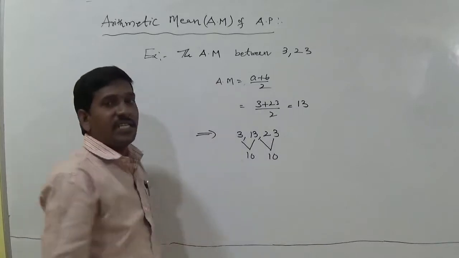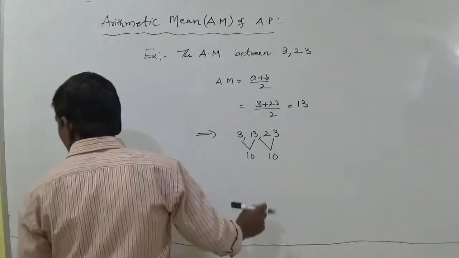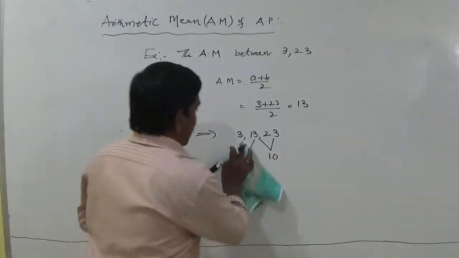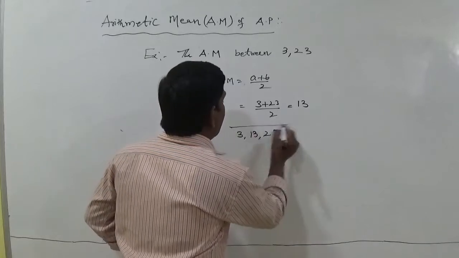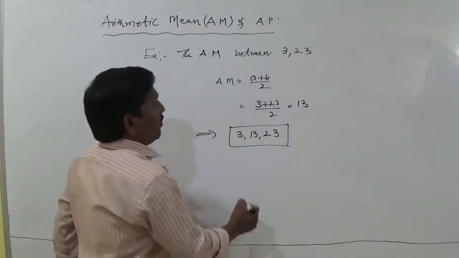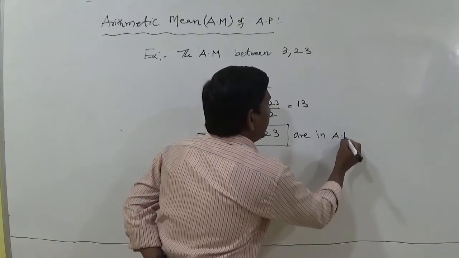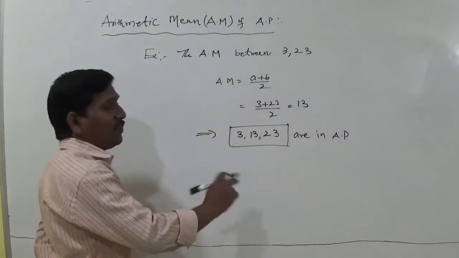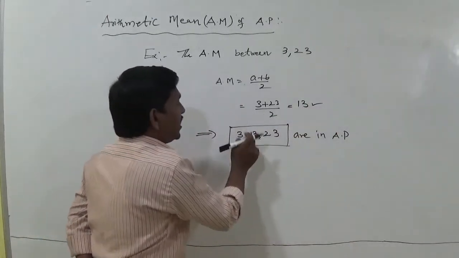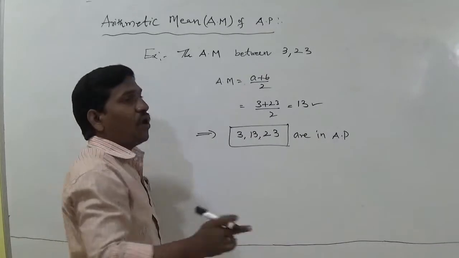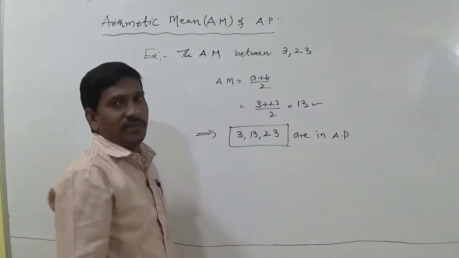The common difference is common, so they are in progression. 3, 13, 23 are in arithmetic progression. So here AM is 13, one of the terms in the series.